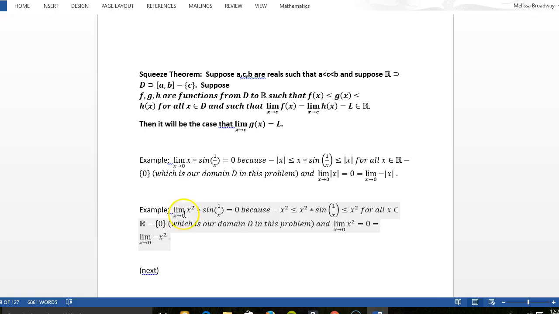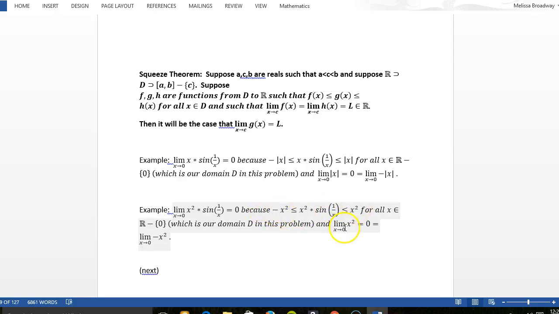Let's do another example. The limit as x goes to 0 of x squared times the sine of 1 over x. This time it's x squared in front instead of just x. Again, this goes the way you think it ought to go. This is the negative 1 times x squared. Indeed, this guy in the middle is caged between negative x squared and ordinary x squared.